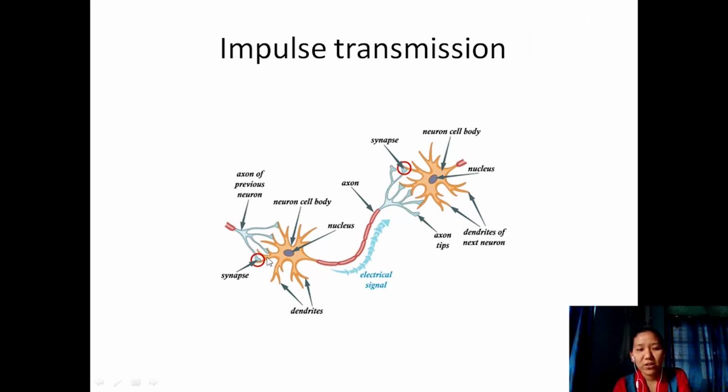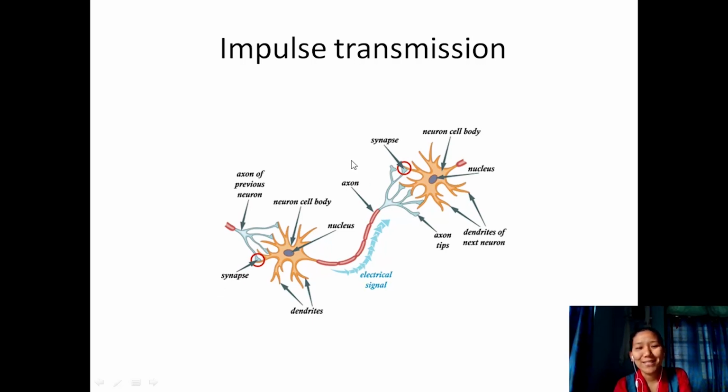It receives the signal and then conducts the signal throughout the length of the axon, and then when it reaches the axon terminal, okay, it is connected with the dendrite of the next neuron, and then it will transmit the signal. So it will pass on the signal, and this signal here can be inhibitory or stimulatory. That means it will further carry out the signal or it can stop the signal here itself.